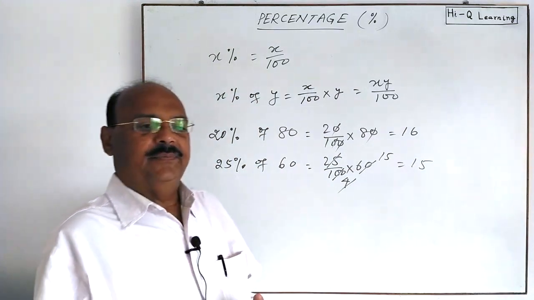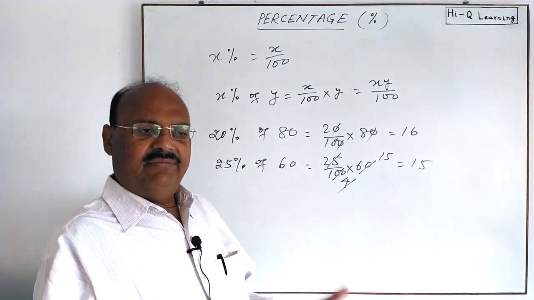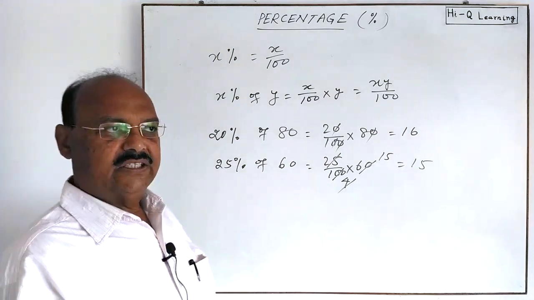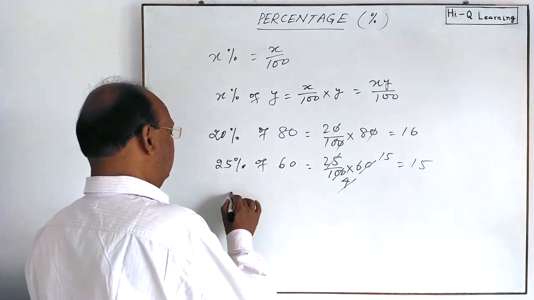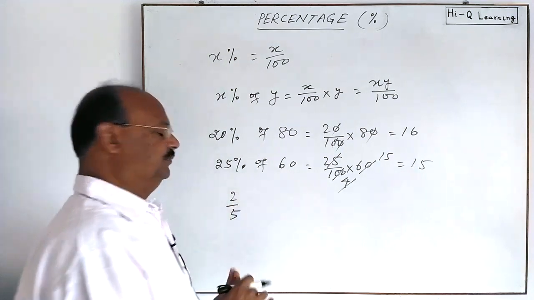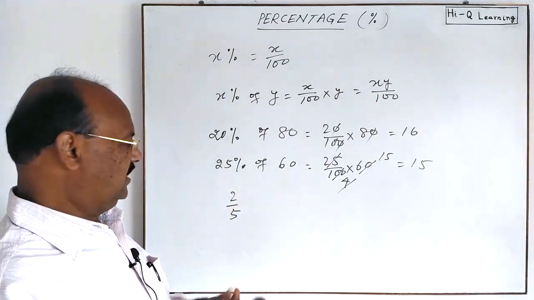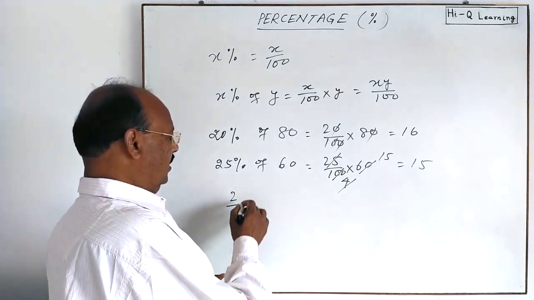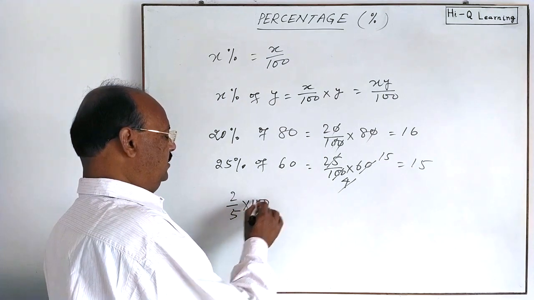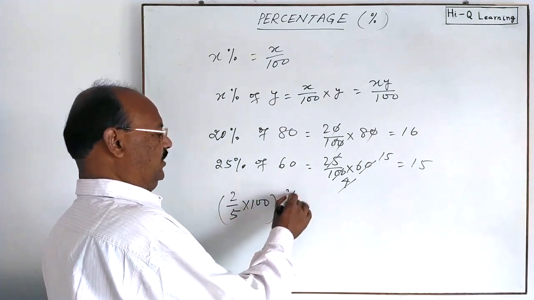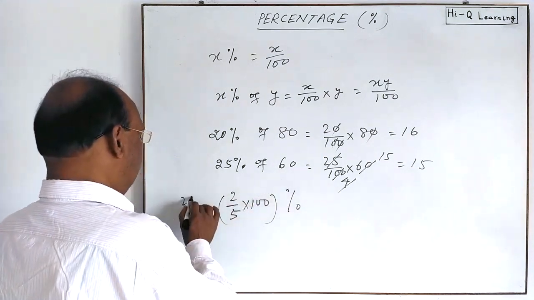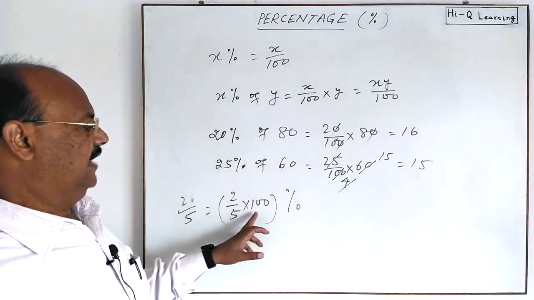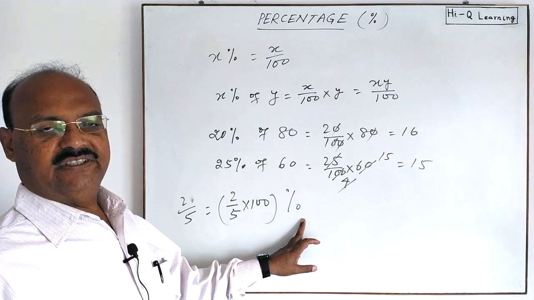we can write the given fraction or given number in percentage form also. Suppose you are given 2 by 5 and you have to convert it into percentage, then simply this will be multiplied with 100. So 2 by 5 means 2 by 5 into 100%.